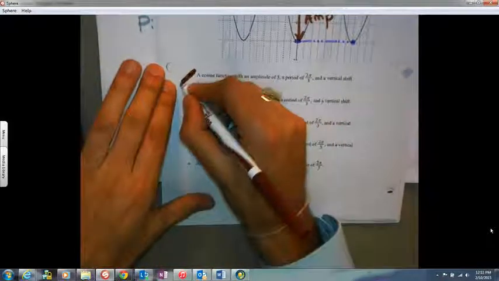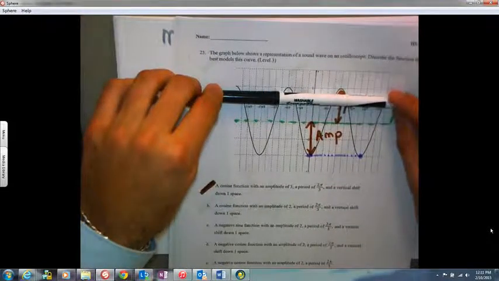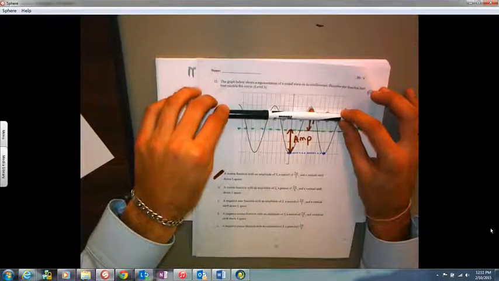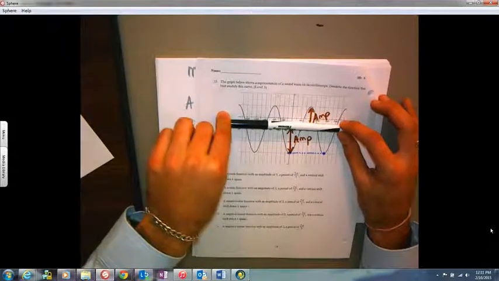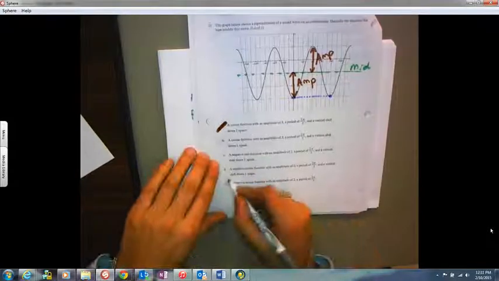We know that the midline used to be here at y equals 0. And now it got moved down to y equals negative 1. So there was a vertical shift down by 1 unit. That eliminates answer E. So it is either B, C, or D. Where do I start?